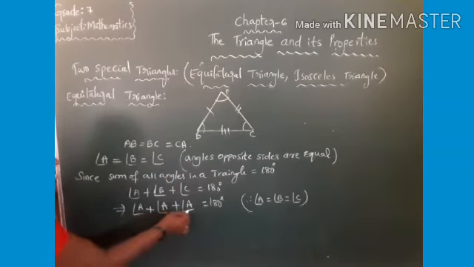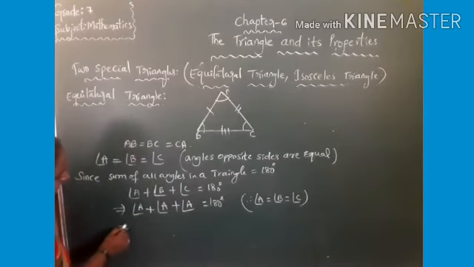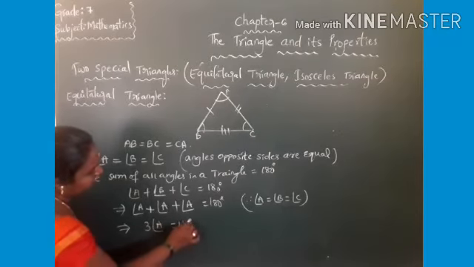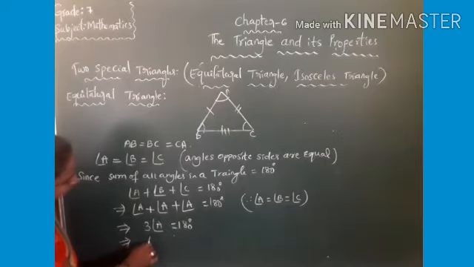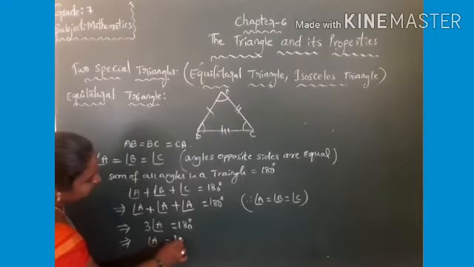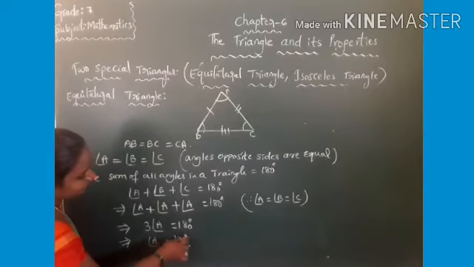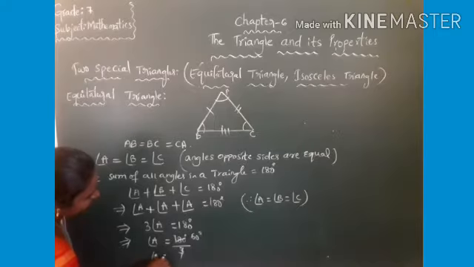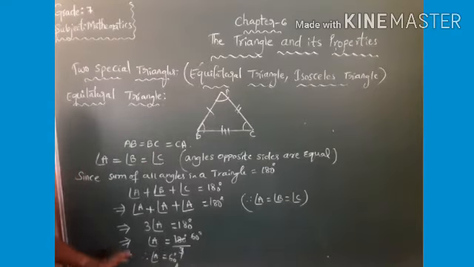Add these three angles. Yes, 3 angle A is equal to 180 degrees. So angle A is equal to 180 degrees divided by 3, which is 60 degrees.